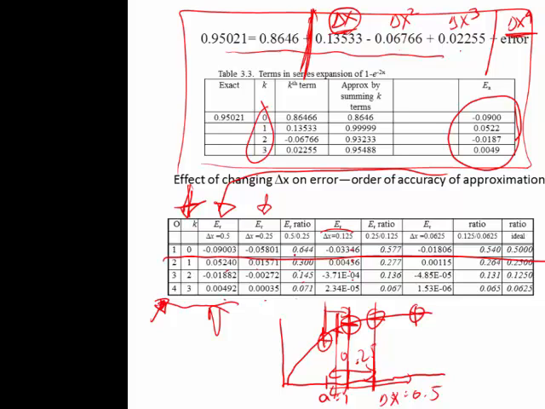Okay, and what we see when we did this is at first, when I cut it by half, the ratio is 0.64, and then 0.57, and then 0.54. So the ideal is that you would cut delta x by half, you would cut the error by half, and so this is really pretty close.